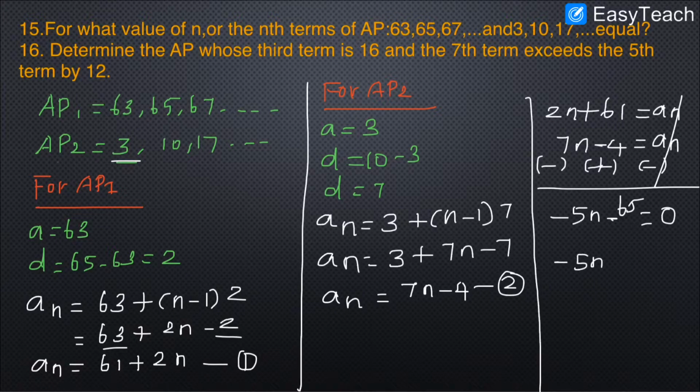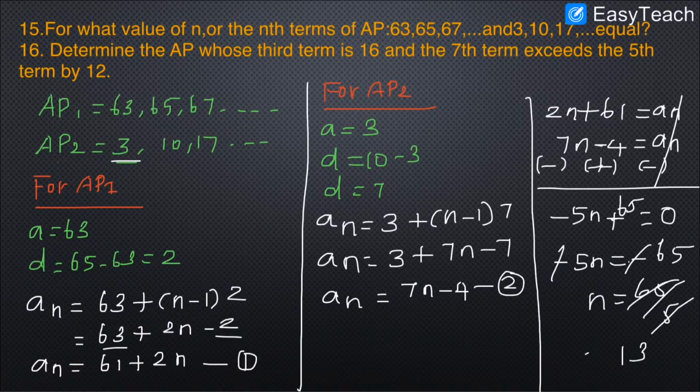So minus 5n equals minus 65. Let's cut the negative sign. So n equals 65 by 5, which is 13. n equals 13. So the 13th term is equal.